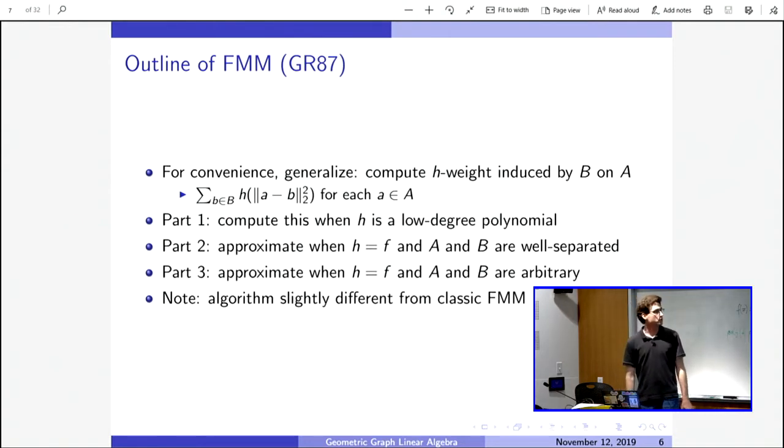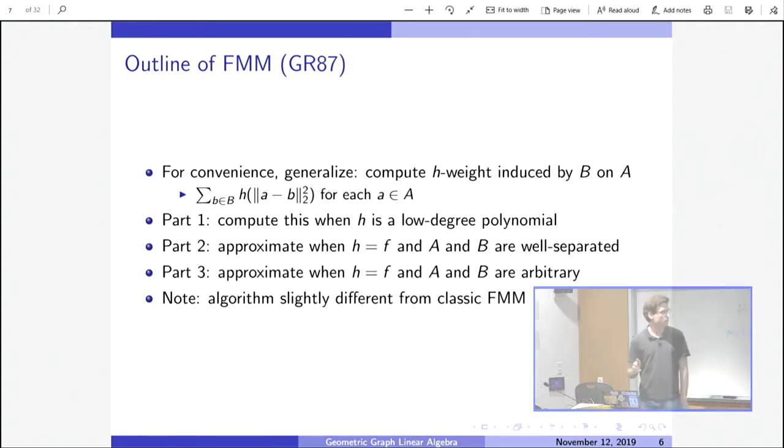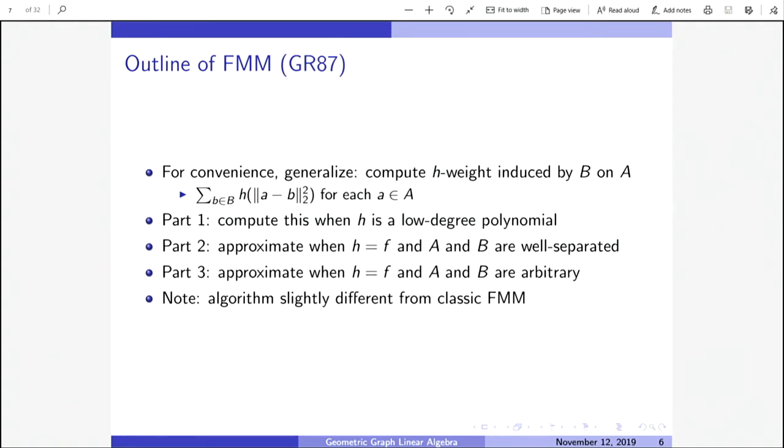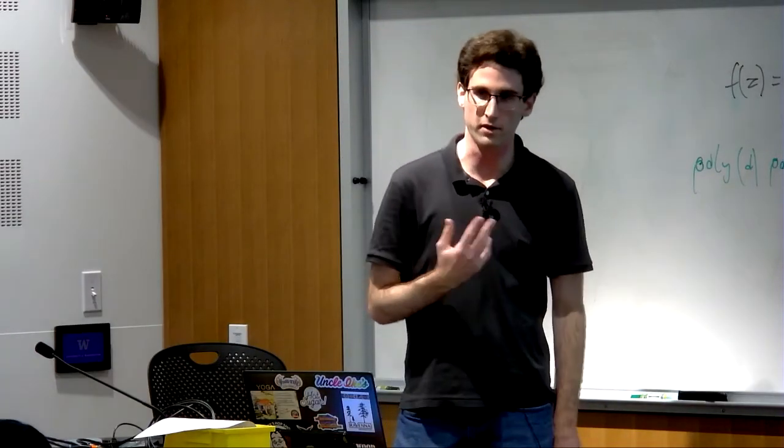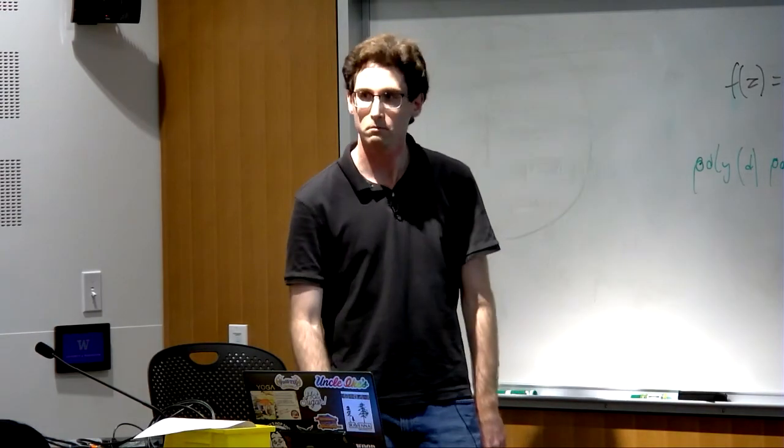And then we'll see how you can apply this to get the general case, when A and B are arbitrary sets of points. The way I'm going to present this is a little bit different from the classical fast multipole method, which uses a slightly different polynomial approximation to the function, but I'm going to present it this way just because it's a little bit easier to present.